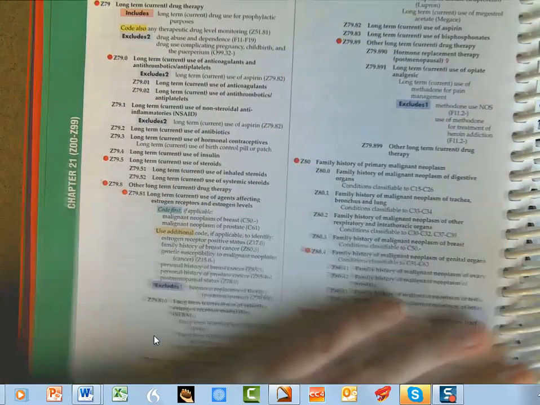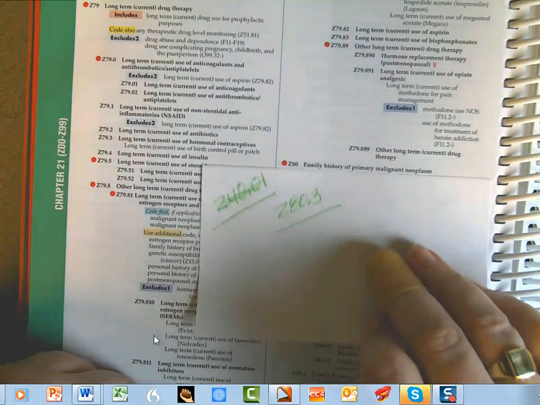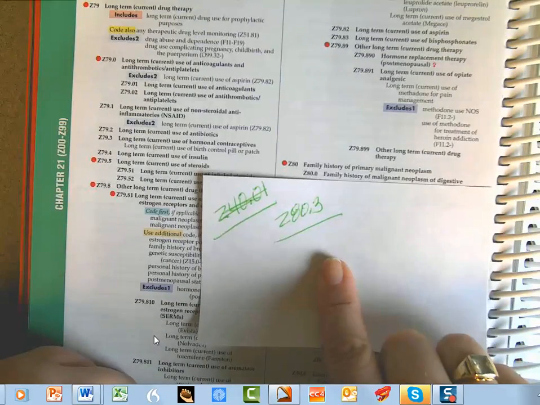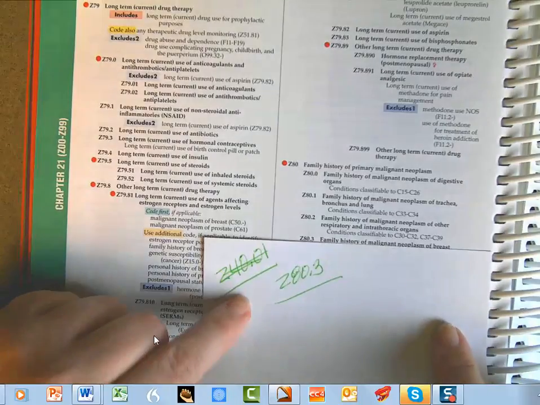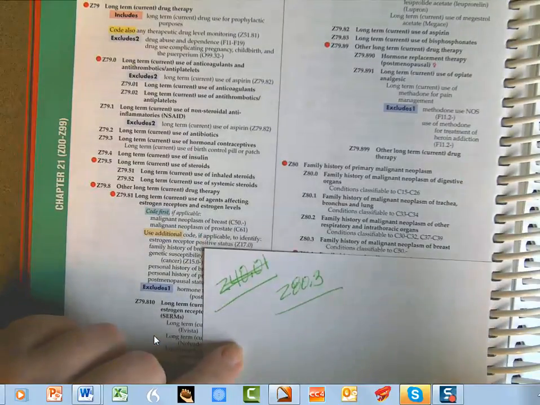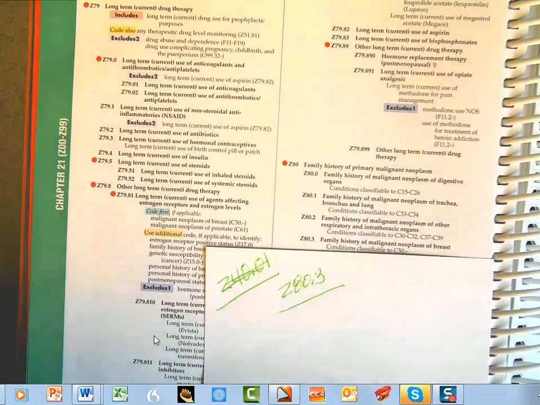And again, we're going to start up here at the top. Here's our Z80, right? There's no other additional notations or notes for us to read, correct? So we want Z80.3. There it is. Z80.3, family history of malignant neoplasm of the breast. Conditions classifiable to C50 point dash.